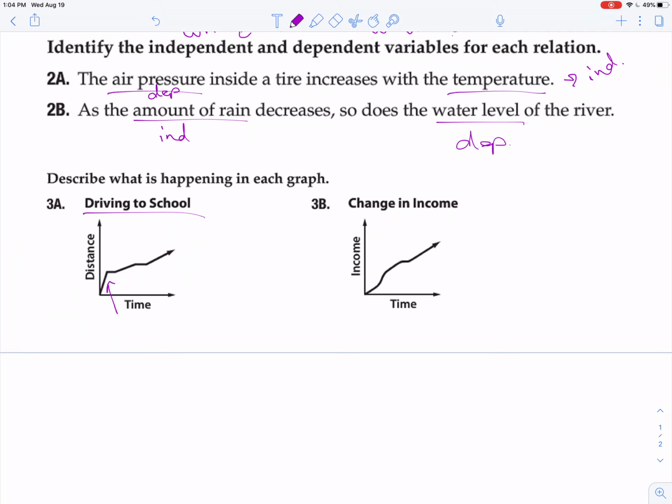For these ones, you're going to actually write that story out. So I was driving on the highway. When I stopped at a stop sign.